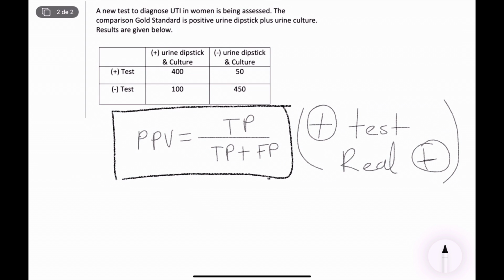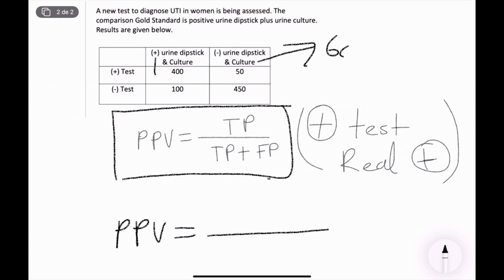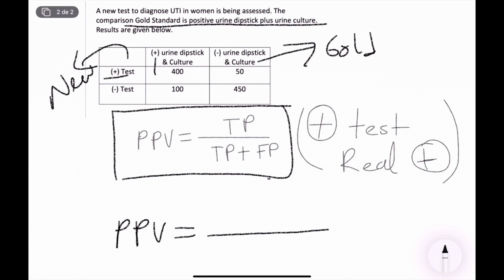So true positives are the ones that are positive in the gold standard. This is the gold standard, the urine dipstick and urine culture. This is the new test. So when the new test is positive and the gold standard is positive, they are really true positives.